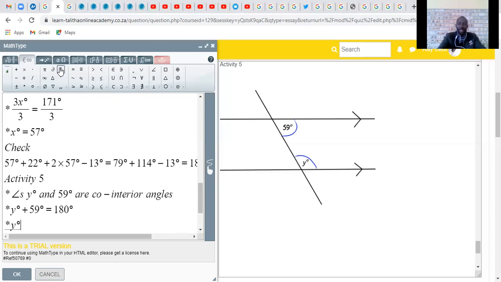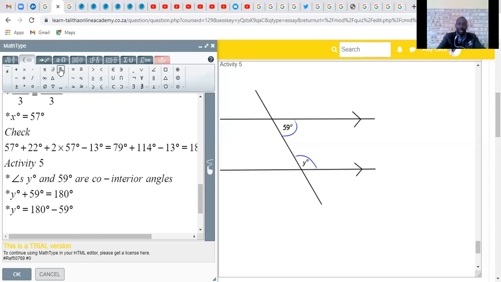On the right hand side, we are going to have 180 degrees minus 59 degrees. This way, we can find the value of y as 121 degrees. Yes, that is how we determine the value of y.